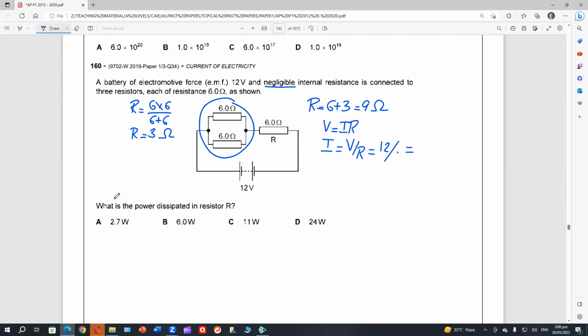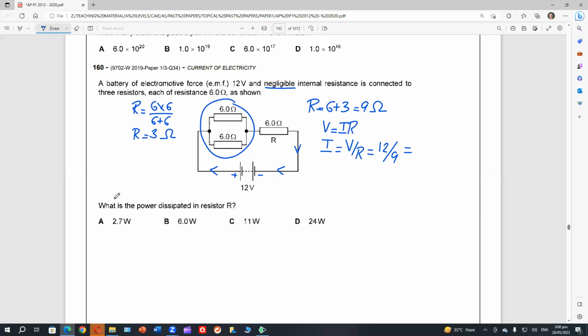The total resistance is 9, so I can find the total current. It is coming as 1.33.